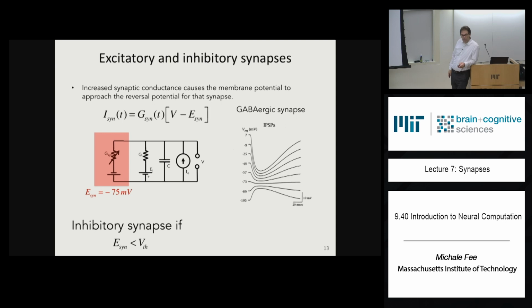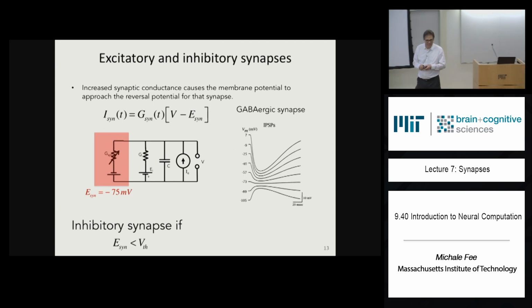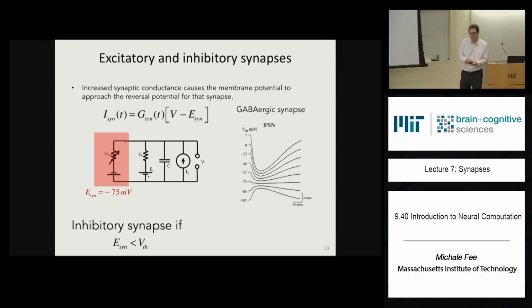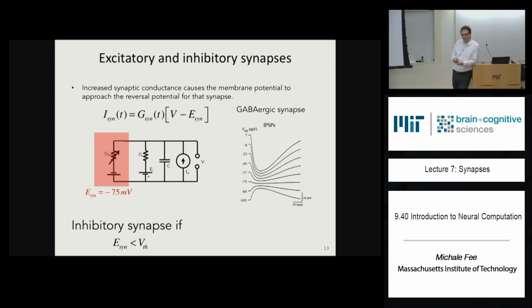You know the answer to that question. You tell me. So what are the two things? Good, the type of ion, and one more thing. There are two things we need to have a battery in a neuron.